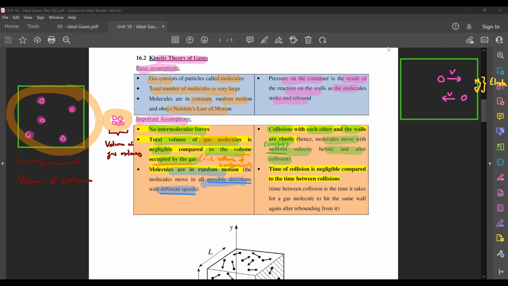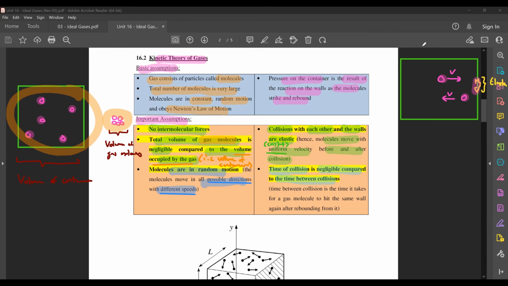And then the last assumption that you also need to remember is this. They tell you that the time of collision is negligible compared to the time between collisions. So what does this mean? When you look at your gas molecule again, maybe I use back this same diagram that I've drawn here. Your gas molecule initially hits this wall, this collision with the wall, and then it will rebound.